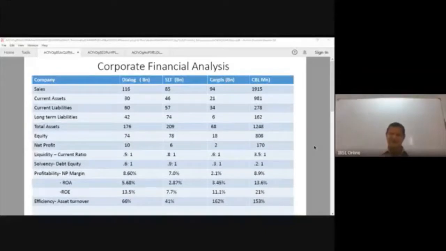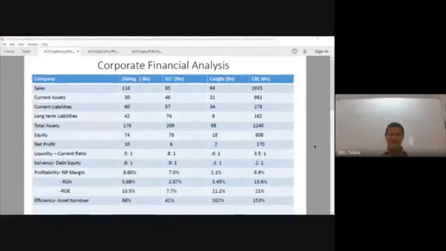So we'll see, based on their business models, how the financial analysis and the ratios we analyzed earlier will differ, so that you can have a good idea of risk pertaining to corporates.